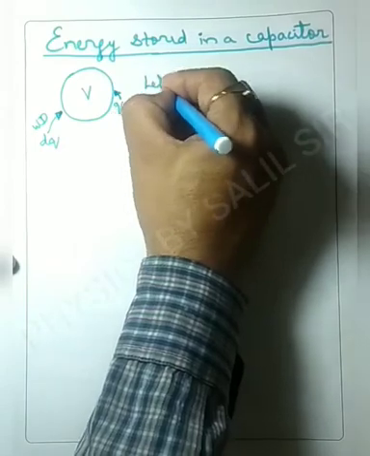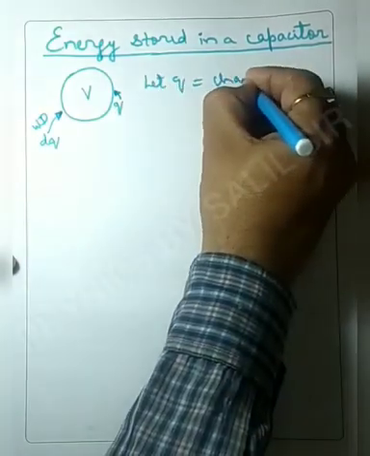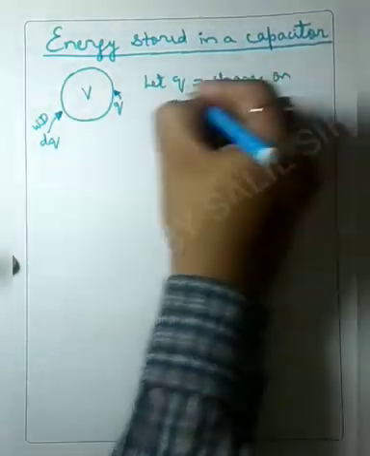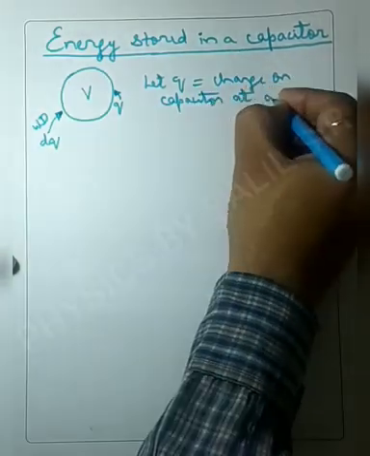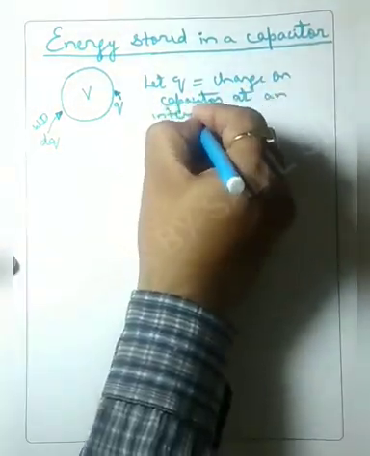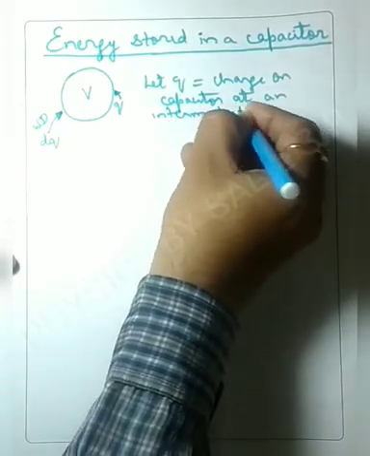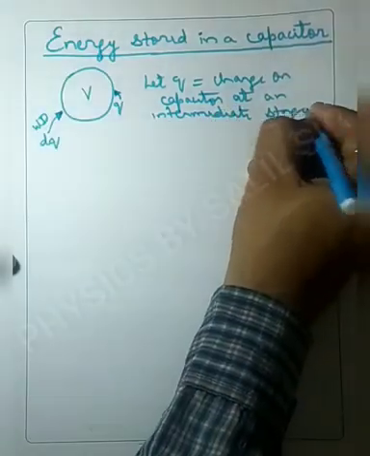So let Q be the charge on the capacitor at an intermediate stage during charging.